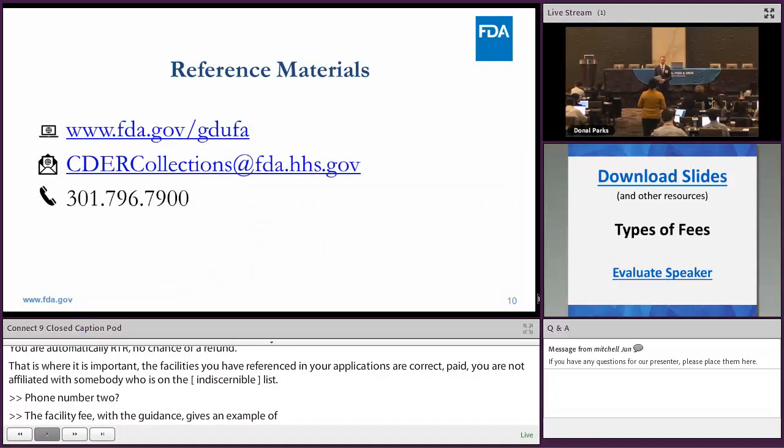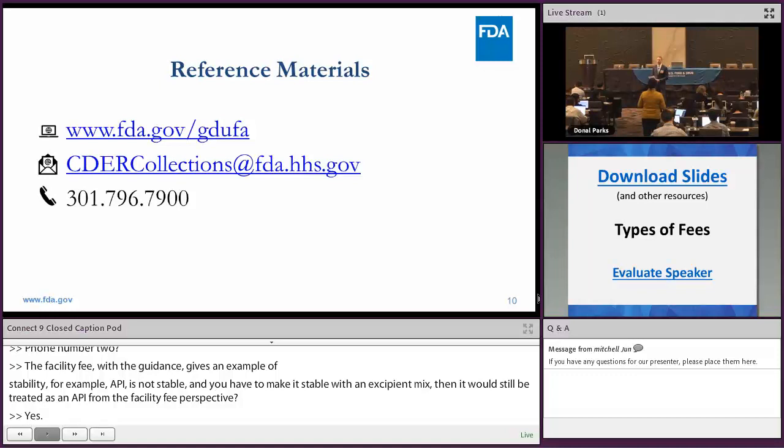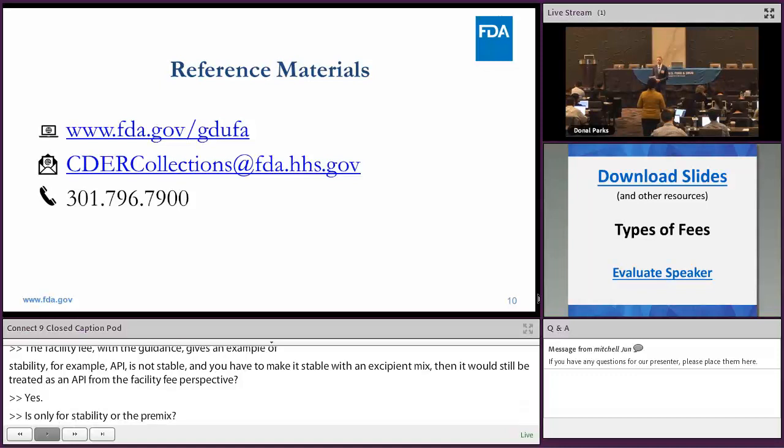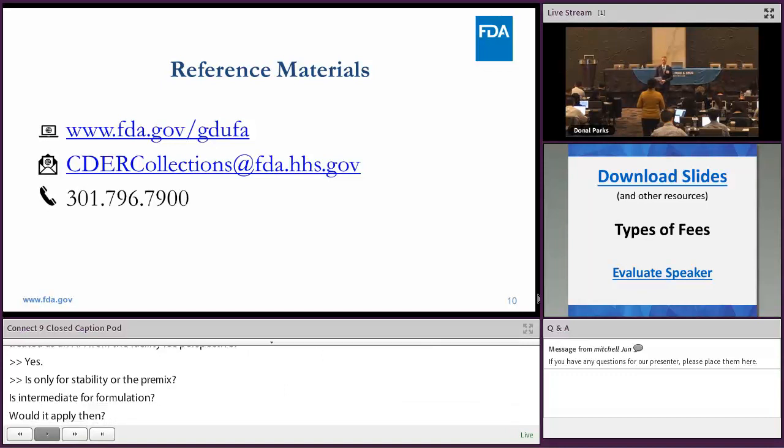Yes. So is it only for stability, or can there be a premix, which is actually an intermediate for a formulation? Will the FDF fee apply there, or since it's being done in the API facility, can we still pay the API facility fee? So you're pushing the limits of my knowledge because this is getting into the scientific side, which is not my forte.